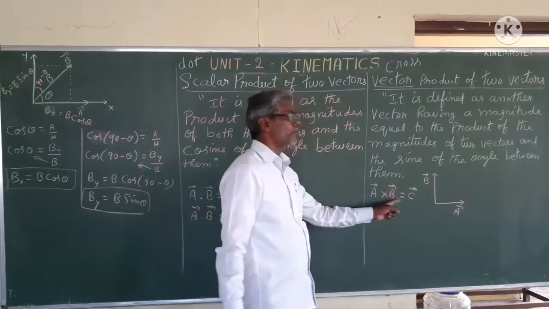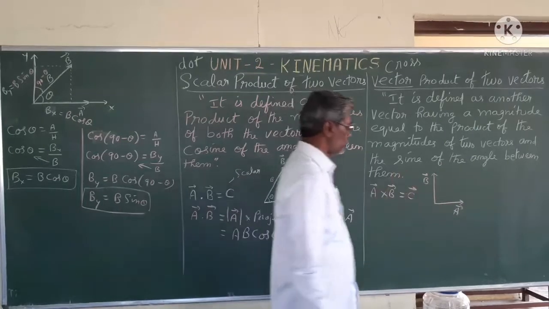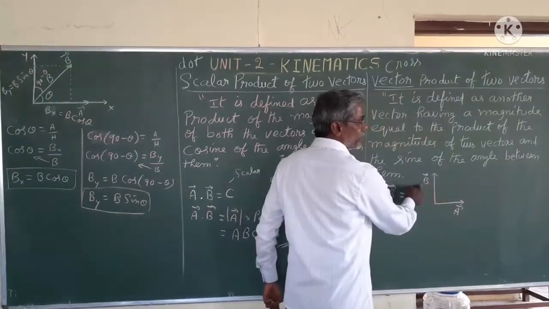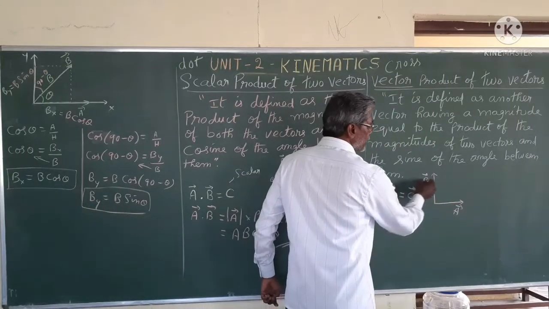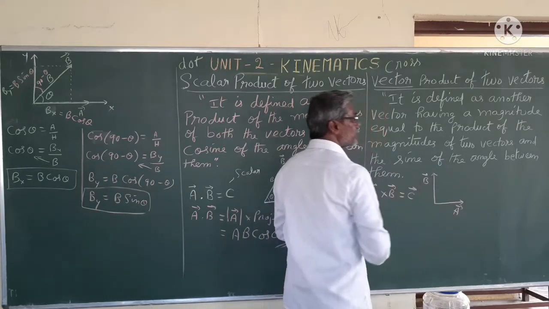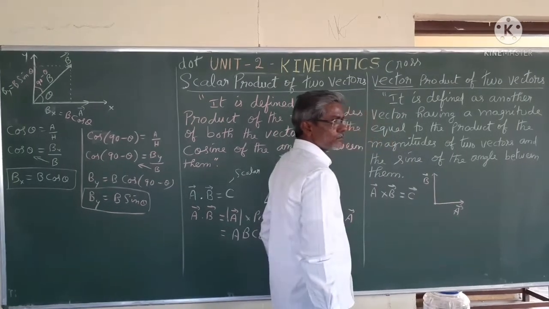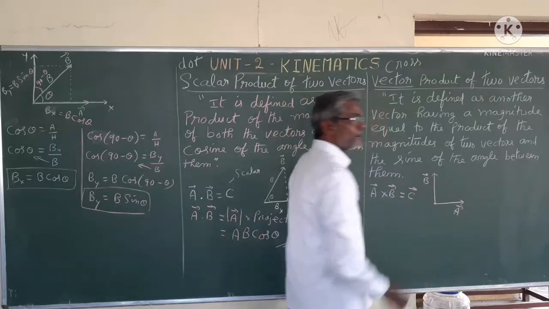A cross product of two vectors will be equal to one vector. That is a new vector. Now what will be the projection of b vector on a vector? It will be here. So it is not in the same direction.